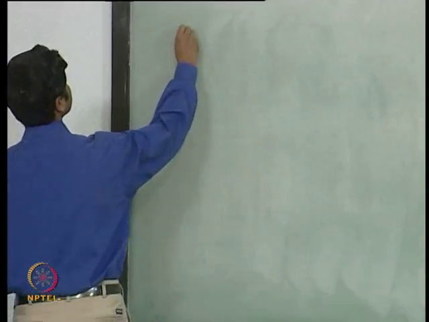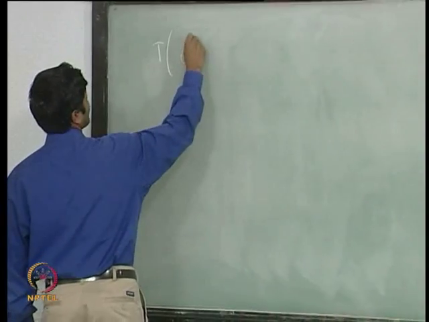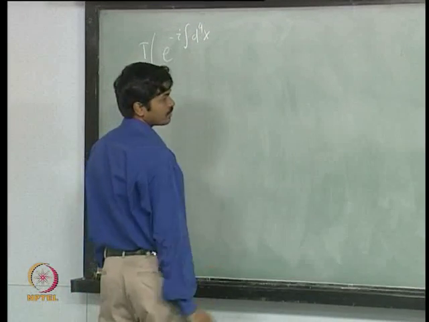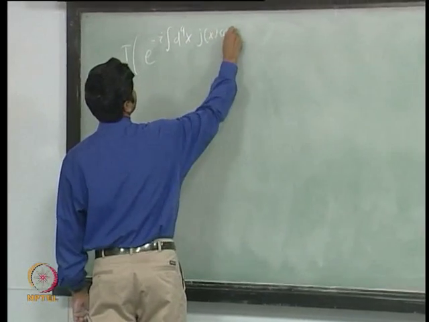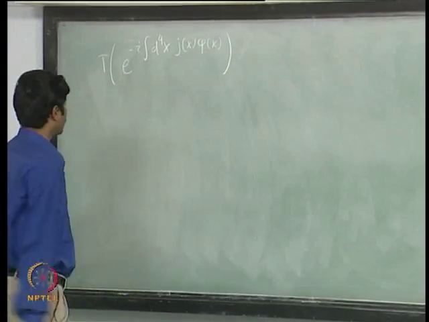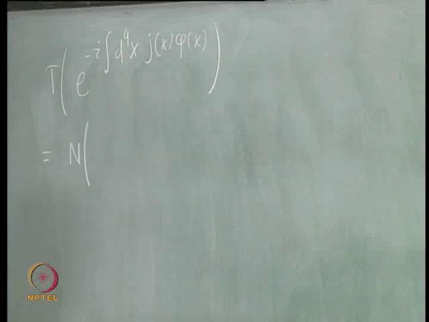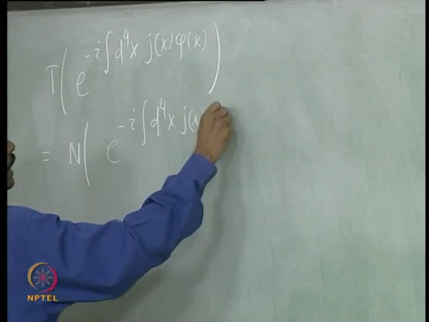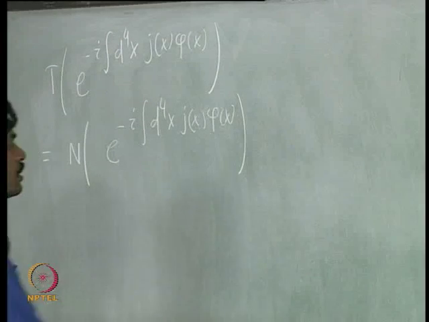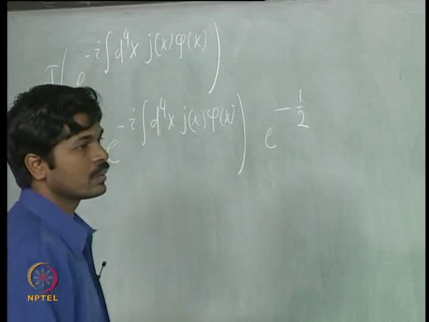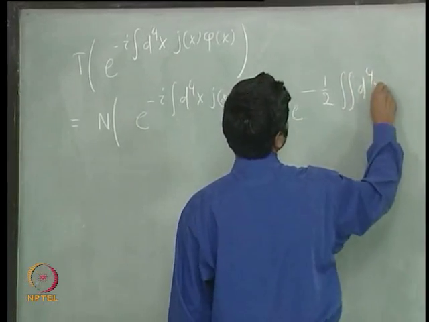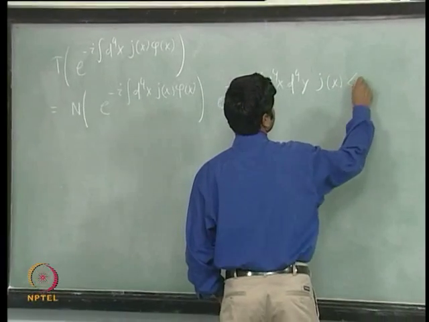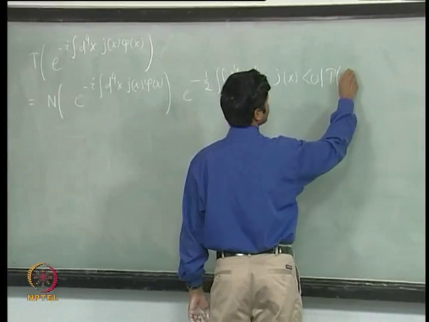We got an important result which is time order product of e to the power minus I integration d4x j of x phi of x is equal to normal order product of e to the power minus I integration d4x j x phi x times e to the power minus half integration d4x d4y j of x vacuum expectation value of time order product of phi I x phi I y j of y.